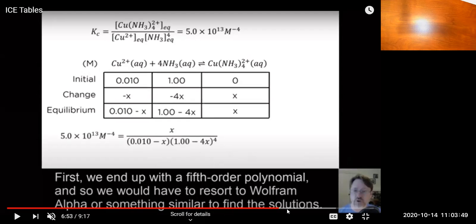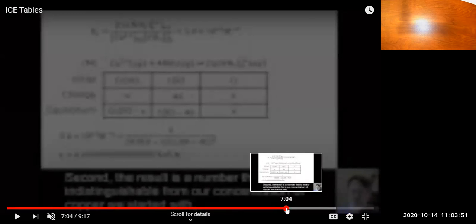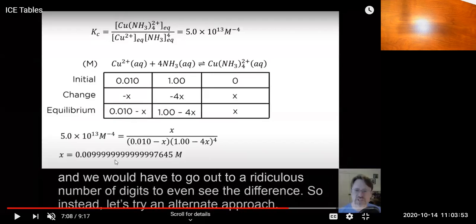The second problem is if you actually do that and you go and see what Wolfram Alpha kicks out at you, you find an answer for x that is so ridiculously close to the initial value of the copper 2+ that essentially that's saying there's going to be none left.